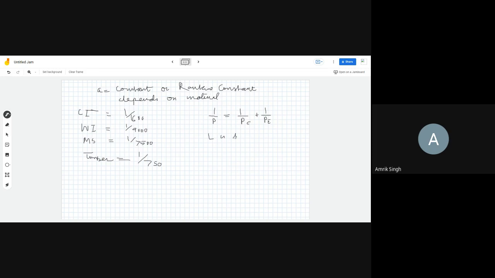When the length is small, the value of PE will be large, because PE is pi square EI upon L square. When PE is large, this term will be smaller, so P will be equal to PC. The failure will be by the crushing load.